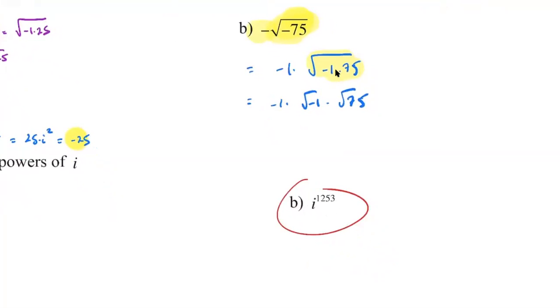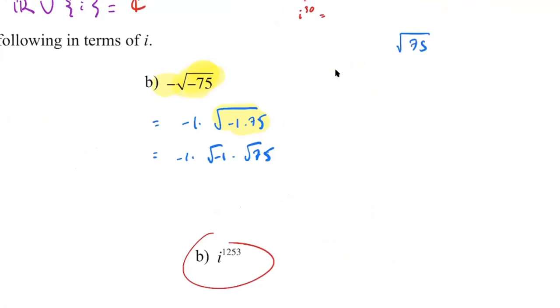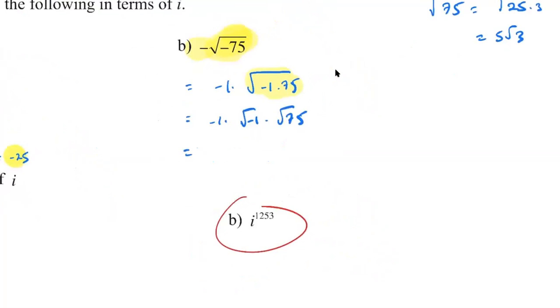Square root of 75, you can do on the side: that's 25 times 3, so that's 5 root 3. So now this is i, so that's just negative i, because it's -1 there, times 5 root 3. So now that becomes -5i root 3.